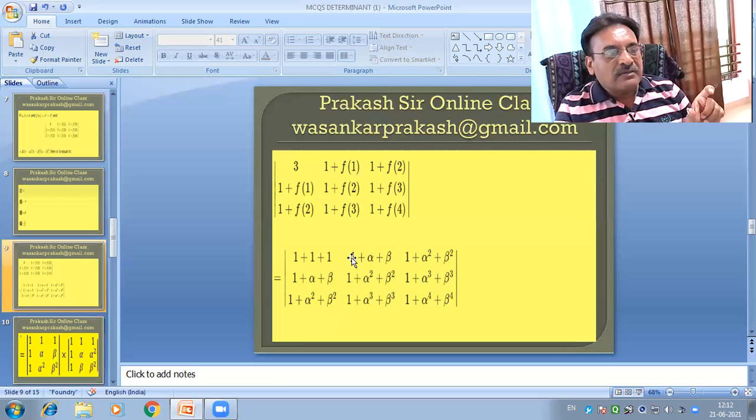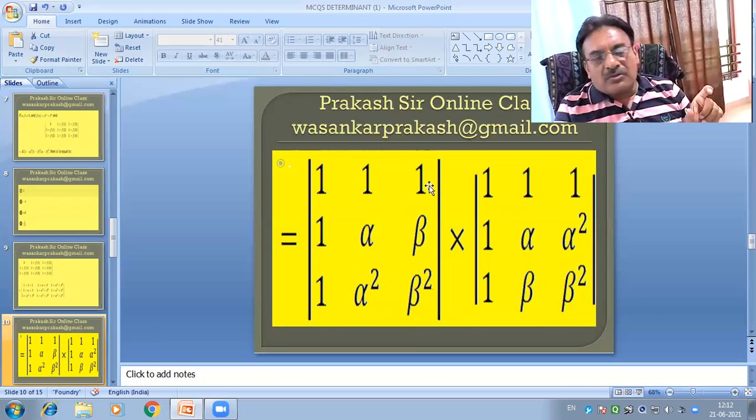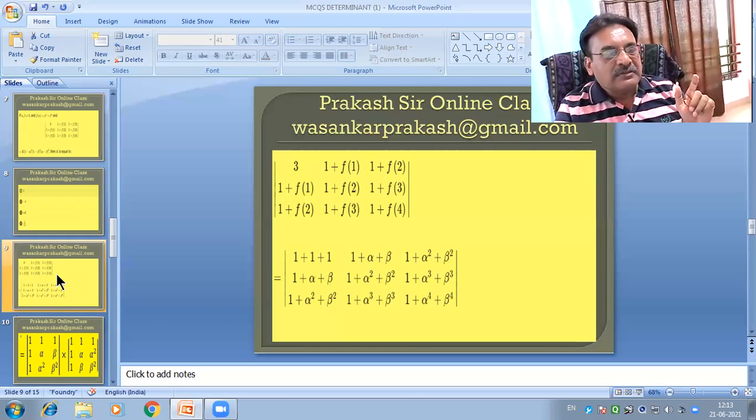So we get here 1 plus alpha plus beta. Next, first row, third column: 1 into 1, 1 into alpha square, 1 into beta square, that is 1 plus alpha square plus beta square.